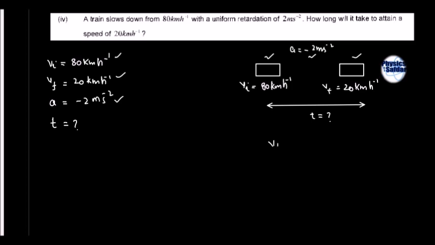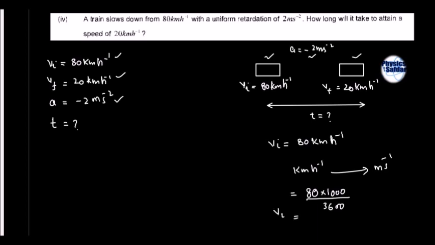Look at this. Initial velocity is given 80 km per hour. To convert kilometer per hour to meter per second, the given number, that is 80, multiply with 1000 for kilometer to meter, then divide by 3600, that is the seconds in 1 hour.